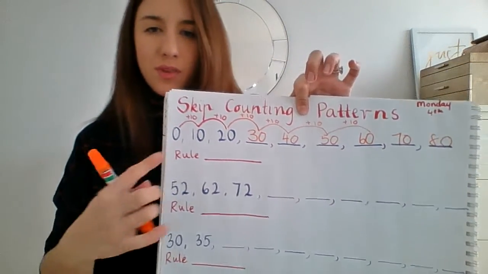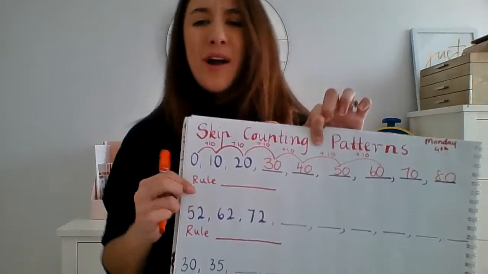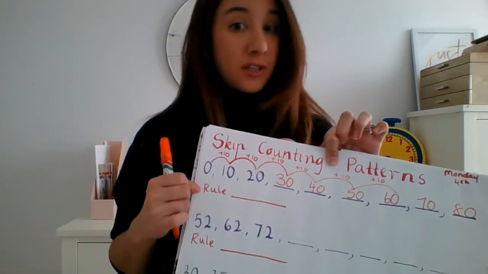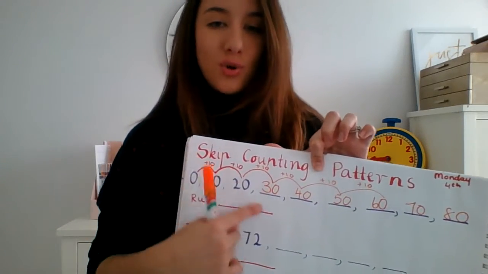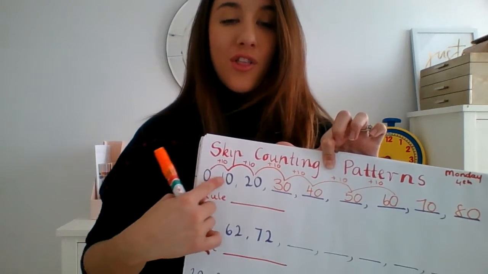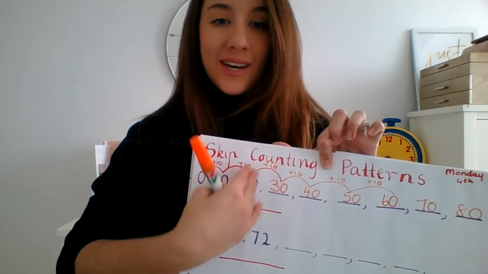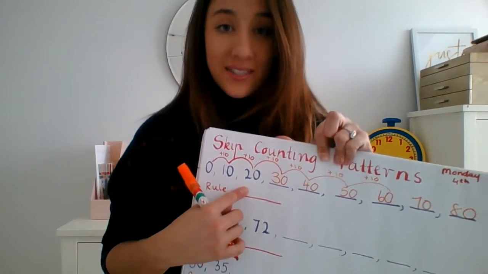So down here it says rule. Now this is not talking about our classroom rules where we ask you to sit nicely and have your eyes watching and your ears listening. This is talking about the skip counting rule. Now we know that each time we added a number, we added 10. So it is skip counting by tens.